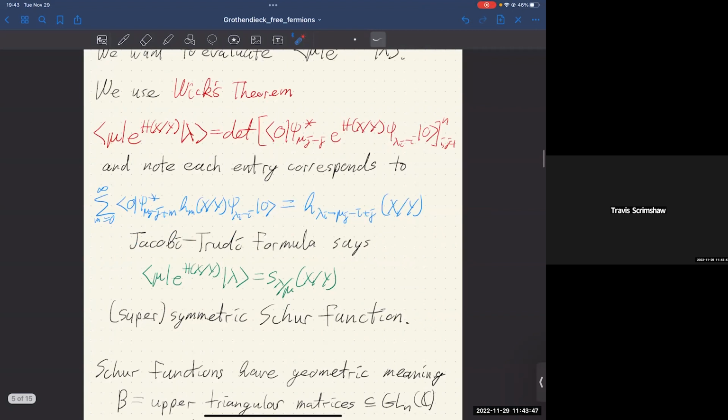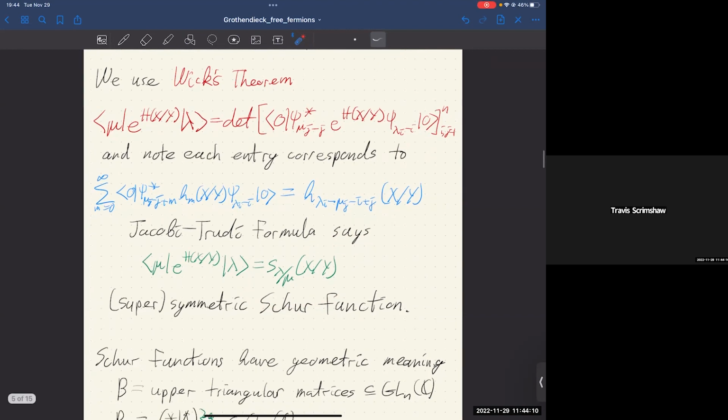And, well, we know from combinatorial stuff that there's this Jacobi-Trudi formula. And, well, this determinant of homogeneous symmetric functions by the Jacobi-Trudi formula tells us that it is a supersymmetric Schur function. So classical algebraic combinatorics says that when there are no y variables, then this is the usual Schur function.